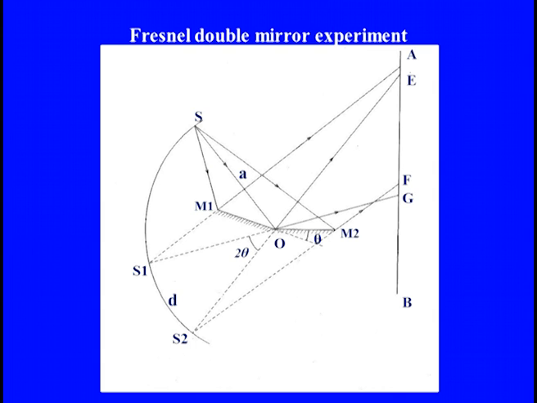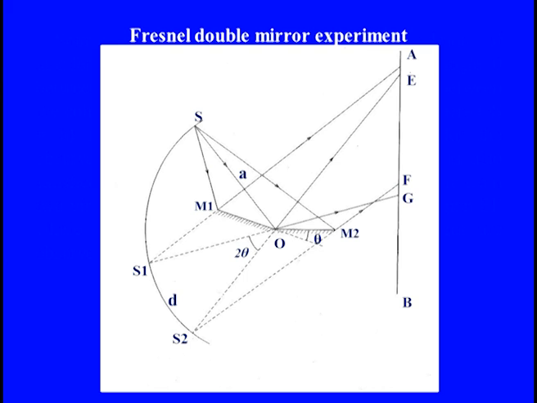Thus, the fundamental condition of interference is again satisfied here. Furthermore, since the angle theta between the mirrors is very small, the separation d between the coherent sources S1 and S2, given by d equals 2a theta, where OS equals a, is also very small.